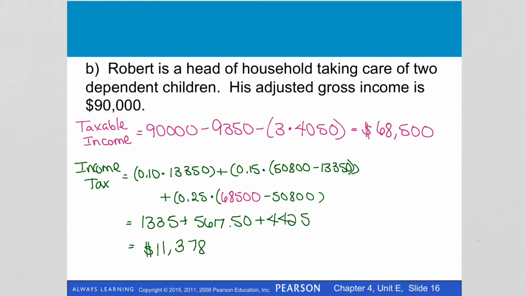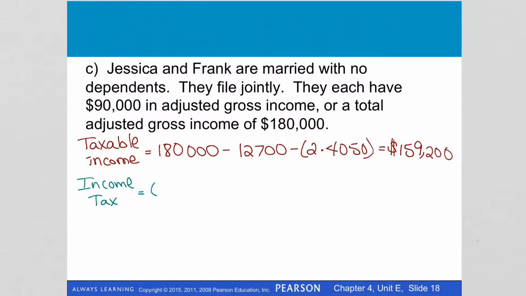So they're going to have a part that they'll pay 10% on. They'll have a part that they pay 15% on, a part that they pay 25% on, and a part that they pay 28% on.